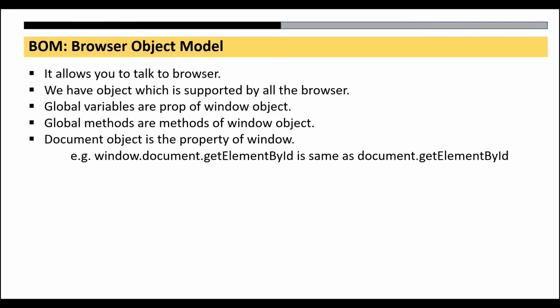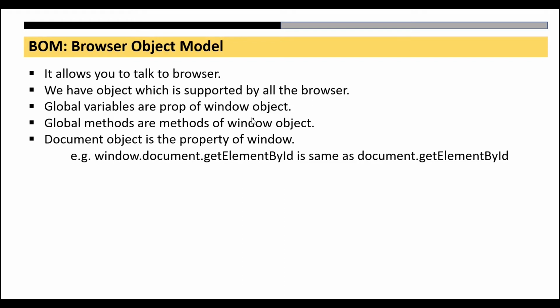Now, global variables are nothing but the properties of the window object. There is always one main global object, that is the window object. All the global variables we create become properties of the window object, and all the global methods become methods of the window object. The document object is also a property of the window object. So when you write document.getElementById, with window dot or without window dot, both are the same.